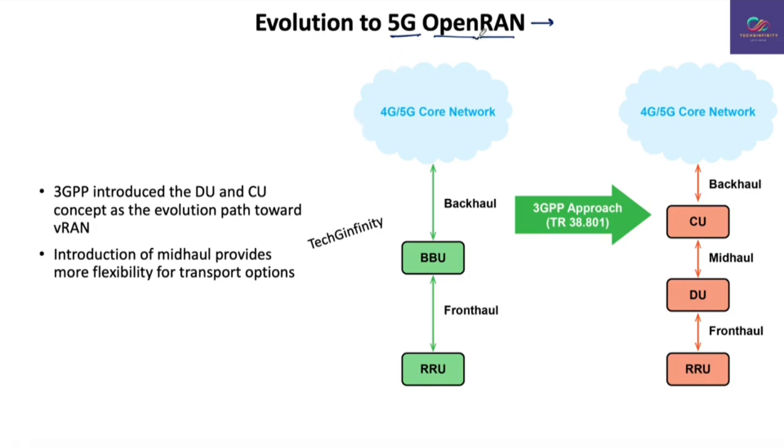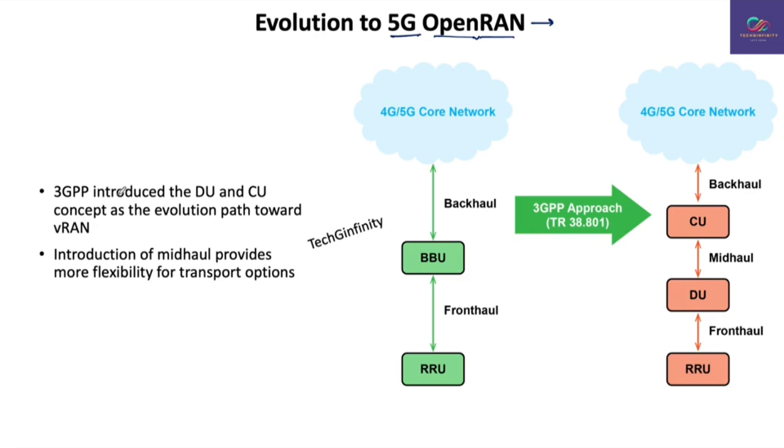That depends on how you are architecting your Open RAN. Open RAN is a technology which gives us the benefit of openness in your RAN. RAN can be based on 4G or 5G, or going forward it may be 6G also. This is how the evolution of 5G Open RAN comes.